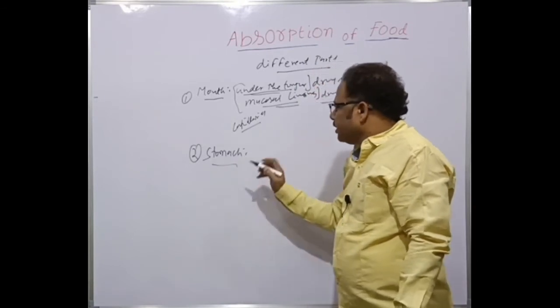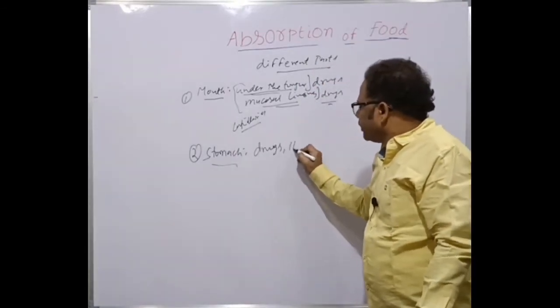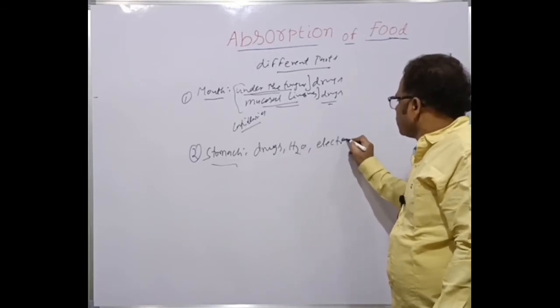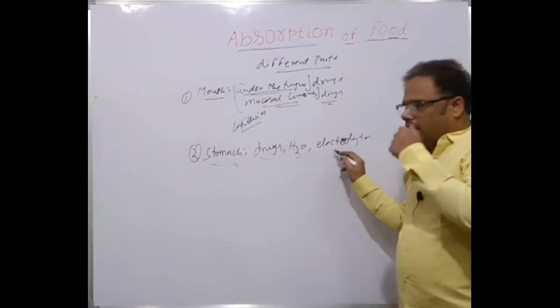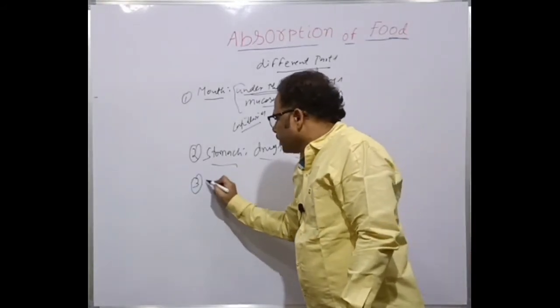The stomach epithelium also absorbs some of the drugs, water and electrolytes. Next one is the small intestine.